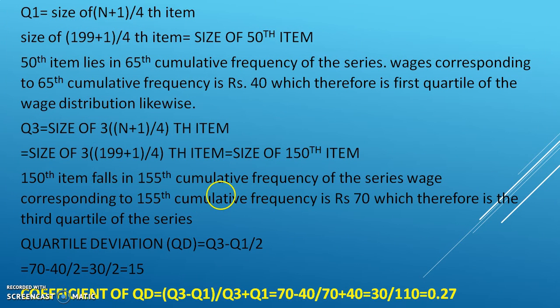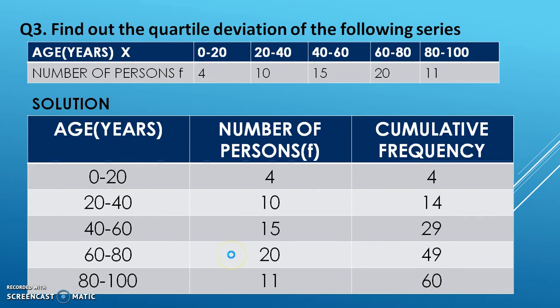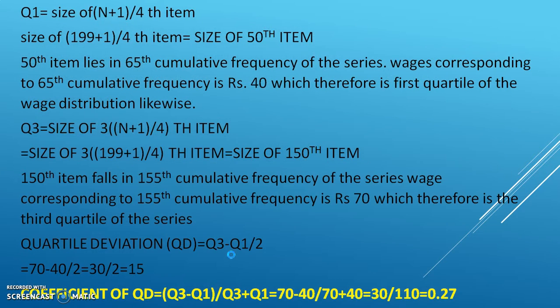So now we have Q1 and Q3. We'll find out quartile deviation, Q3 minus Q1 upon 2, and the result is 15. Next is coefficient of quartile deviation, Q3 minus Q1 upon Q3 plus Q1. And when we calculate it, it will be 0.27.